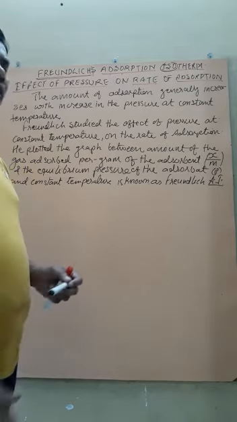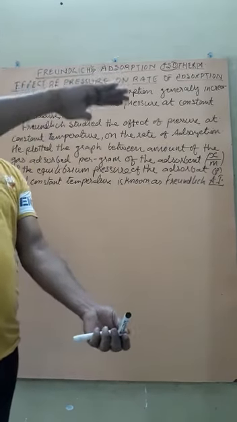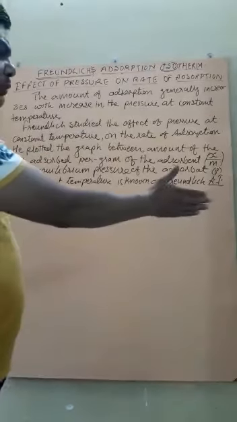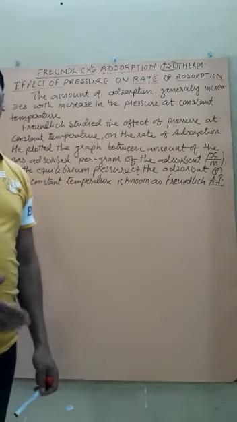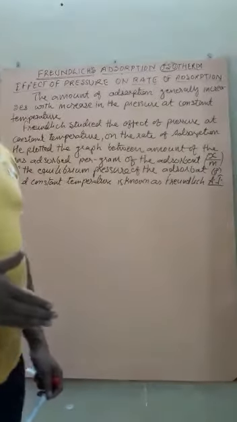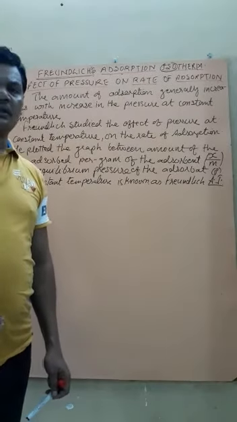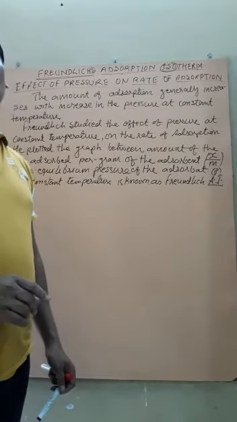That means what? On your tabletop or wall you will find that amount of dust. Actually, no. For some time, the rate of adsorption will be proportional to the pressure.